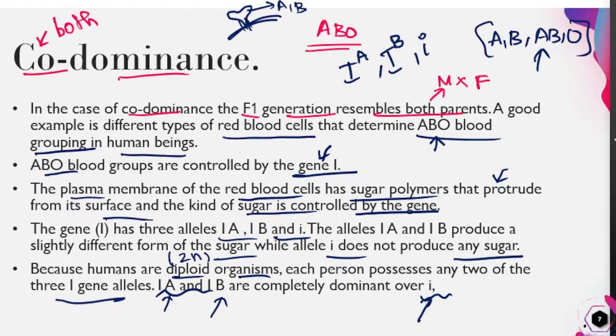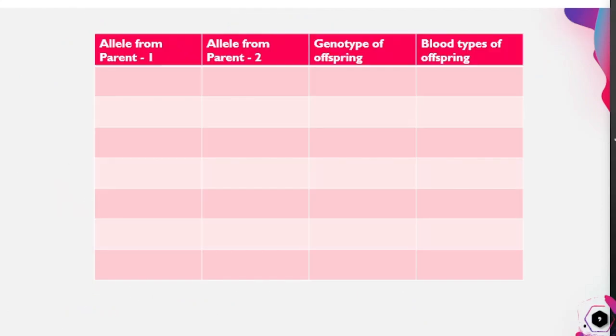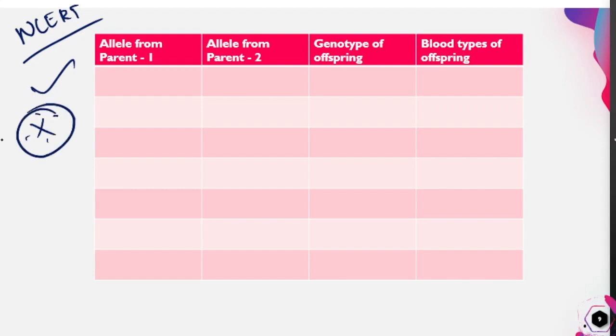Okay. So now let us see this tabular column. The same tabular column is present in your NCERT class 12 textbook, and this tabular column is very important for you.